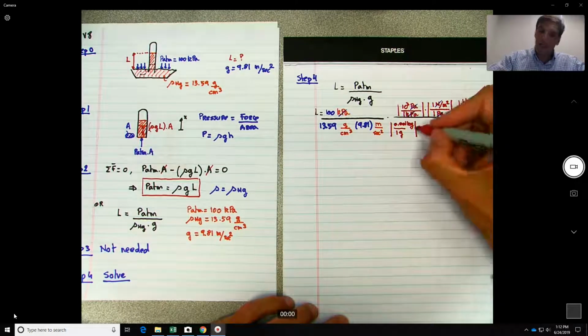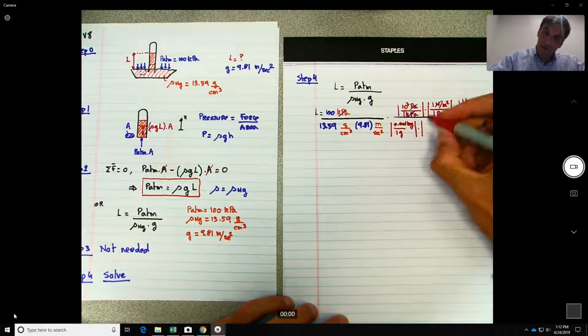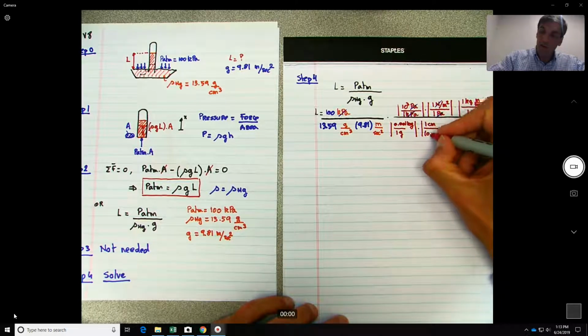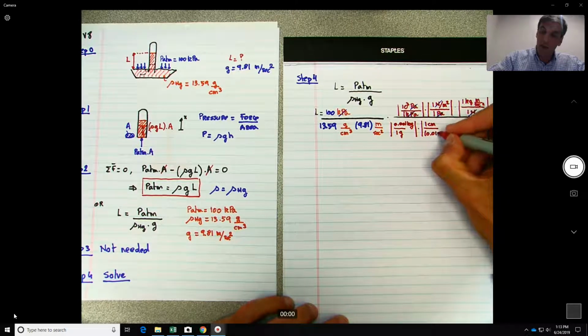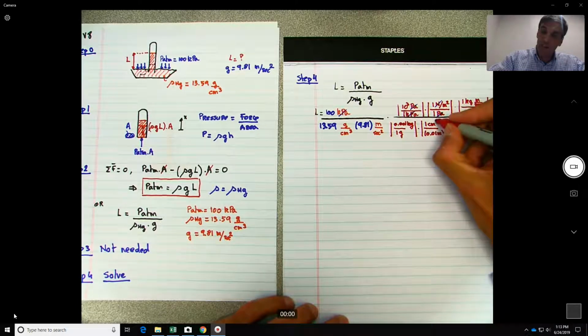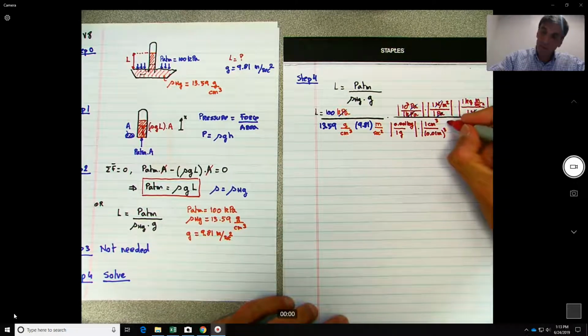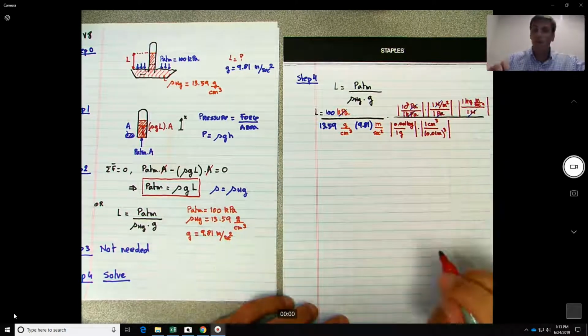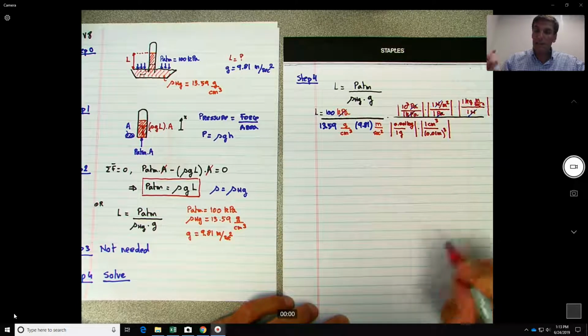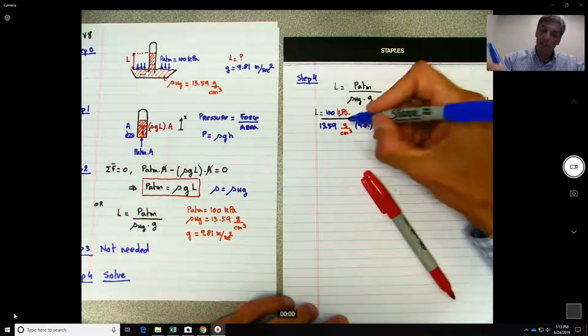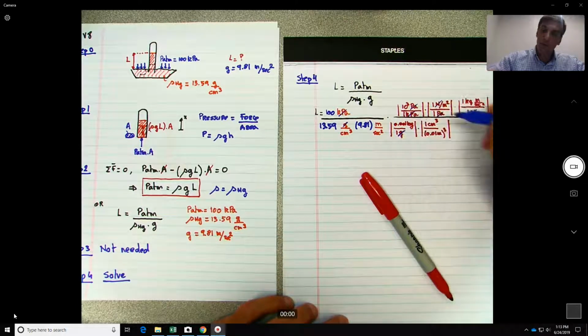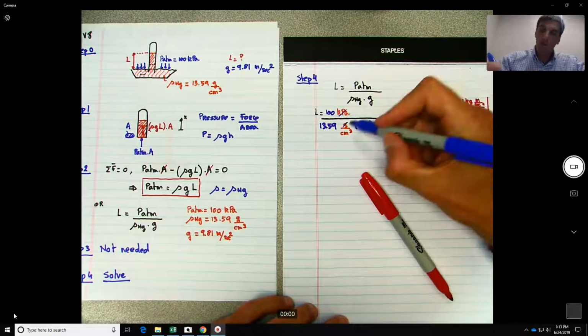Then we have that 1 centimeter is equal to what? 0.01 meters. But since you need to take that to the cube, you take everything to the cube. All right, and doing this, we're going to cancel this one here, this one here, this one here, and this one here.